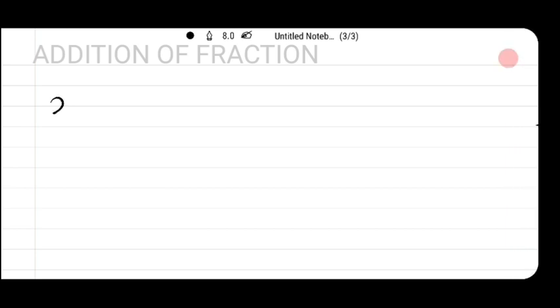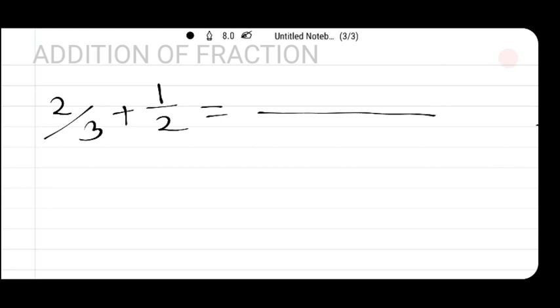Let us take an example. 2 upon 3 plus 1 upon 2. Here we have to take the LCM of both denominators. So the LCM of 3 and 2 is 6. 3 कितना जा 6, 2 जा.